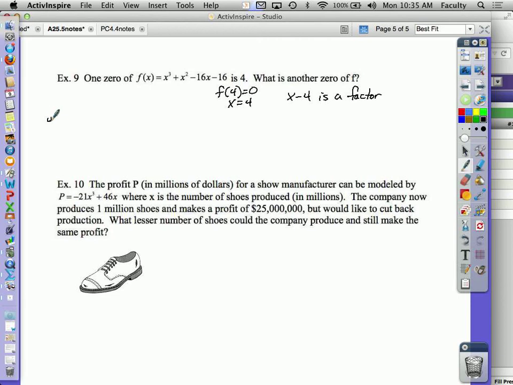So we're going to put 4 in the box and divide the x cubed down to an x squared.